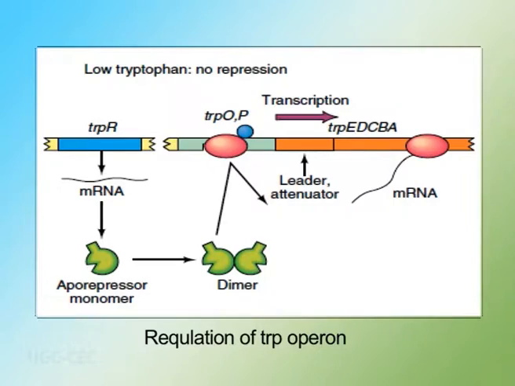And as I explained earlier, the aporepressor is unable to bind to the operator region alone, so the operator region is vacant and RNA polymerase binds to the promoter region and carries on the synthesis of structural genes. So herein we can see how tryptophan is regulating its own synthesis.